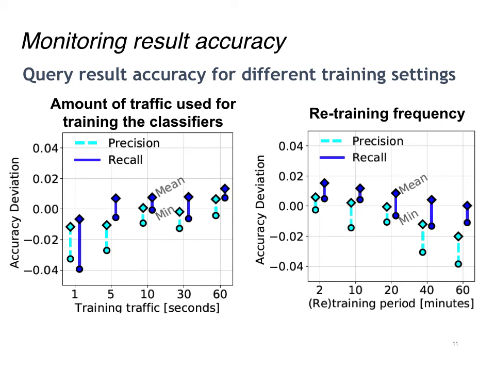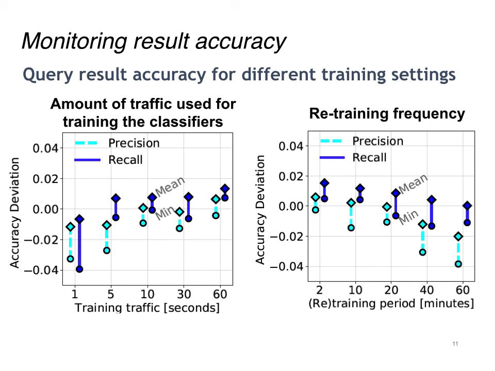Lastly, we measure the query result accuracy based on different training configurations. These plots show the deviations from the accuracy requirements of queries, which are again 98% for both precision and recall. For instance, a deviation of minus 0.02 in the plot means a degradation of the accuracy from 98 to 96%.